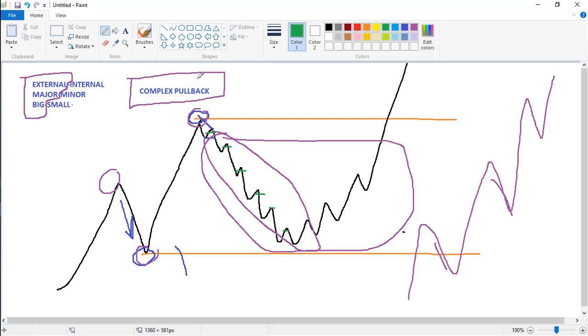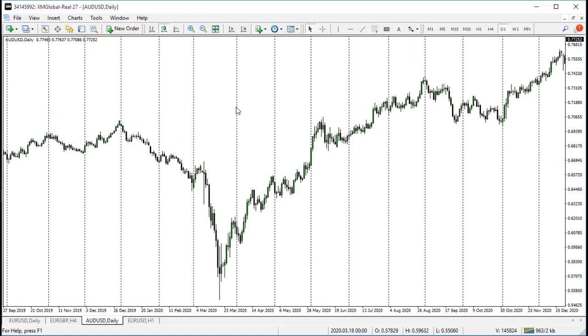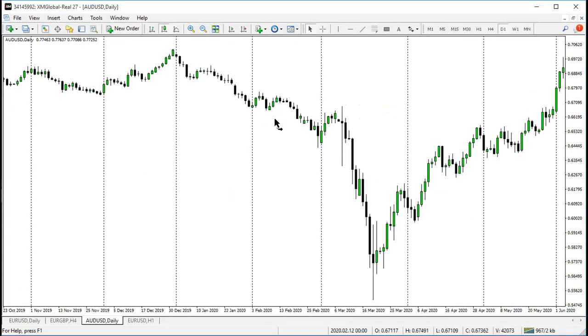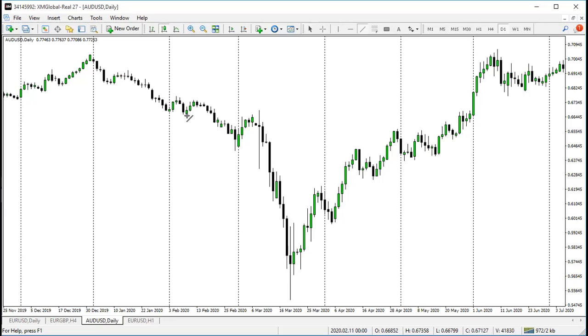For example, this is our AUD/USD. Price made a lower low here, then a lower high here, and broke market structure here. Price came down, made a new lower low here.